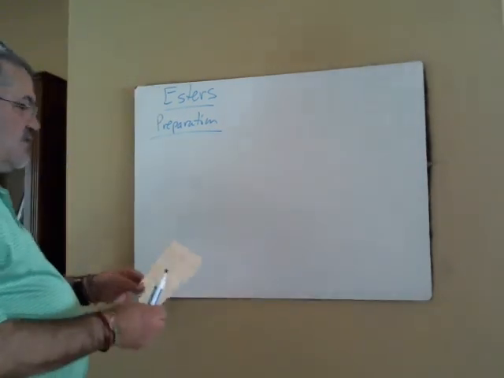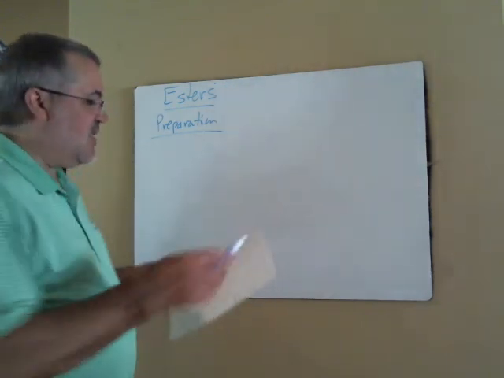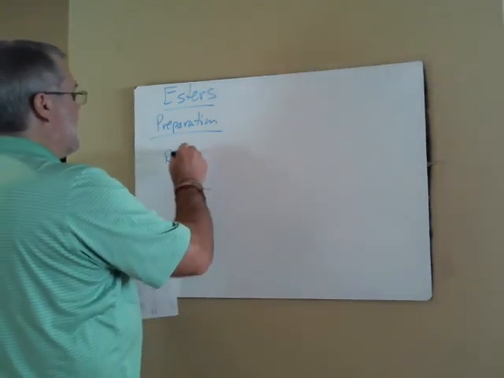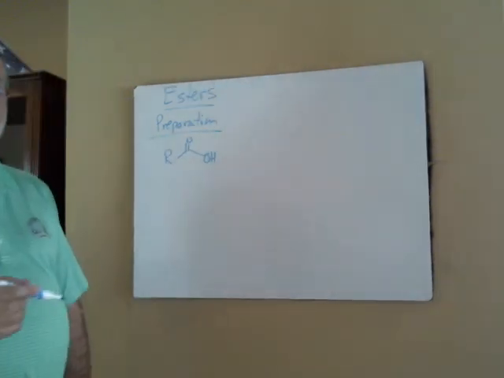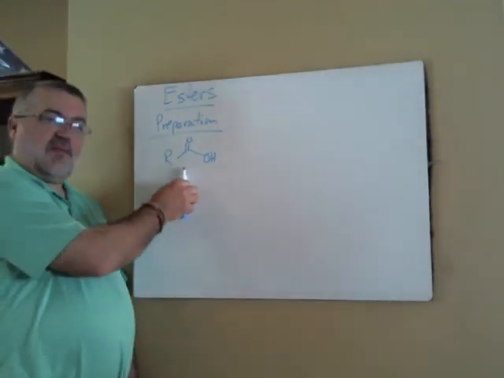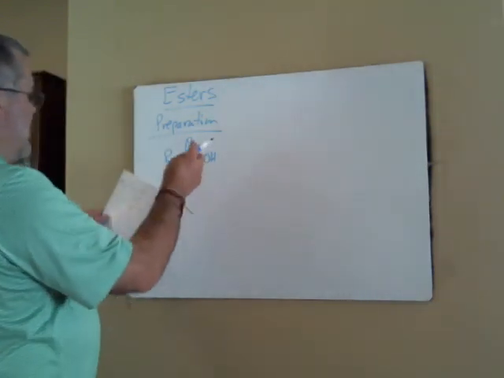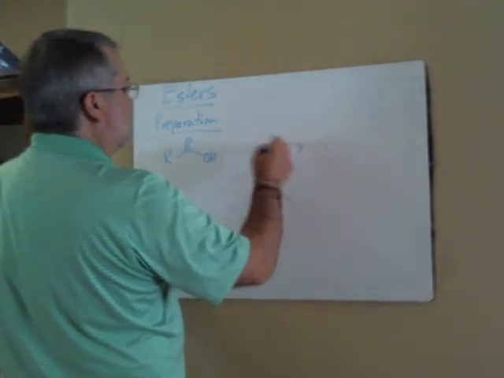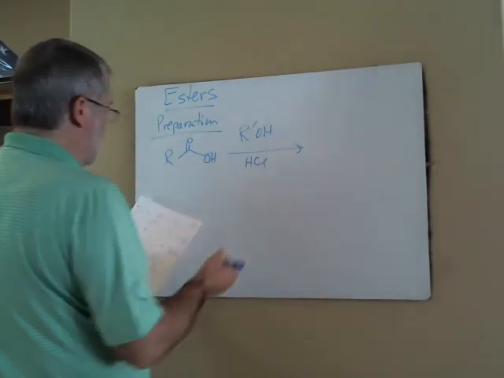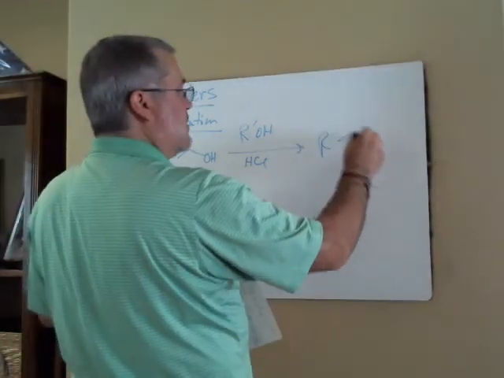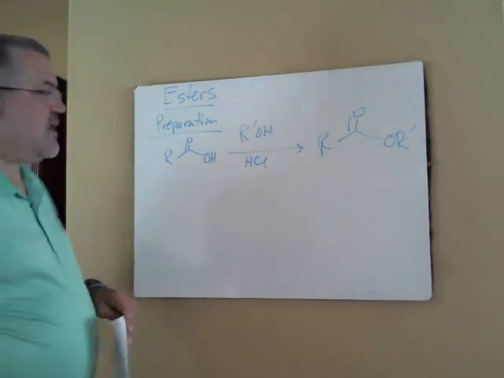In fact, there's nothing but review here, because we know that we can take a carboxylic acid, because esters are carboxylic acid derivatives. We know that if we take this and react it with an alcohol and HCl, that's Fischer esterification. We talked about it just earlier in this lecture. That's one way of preparing an ester.